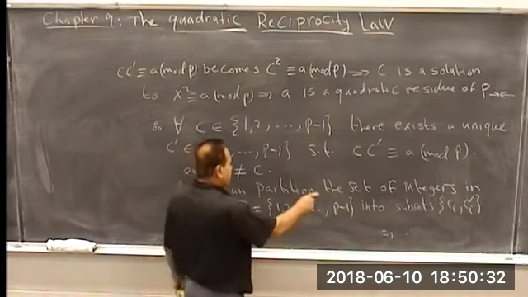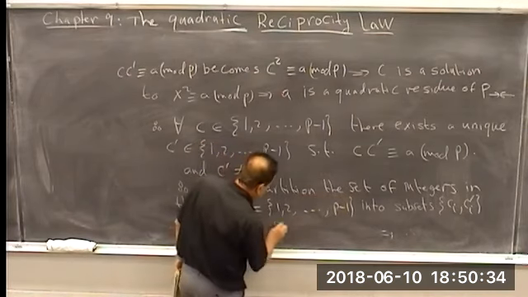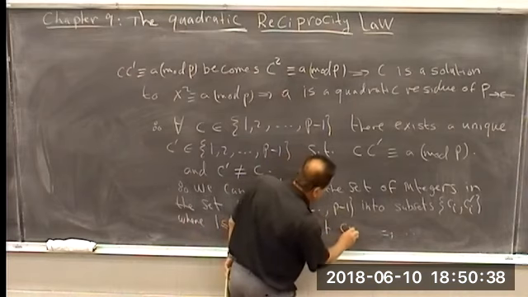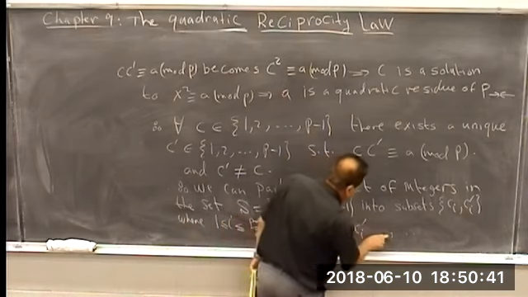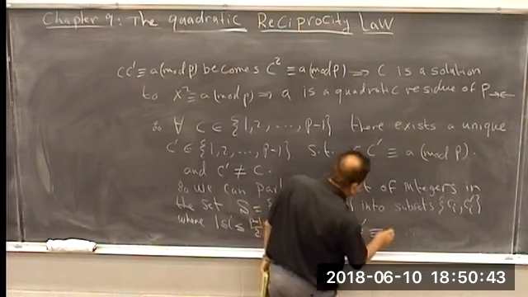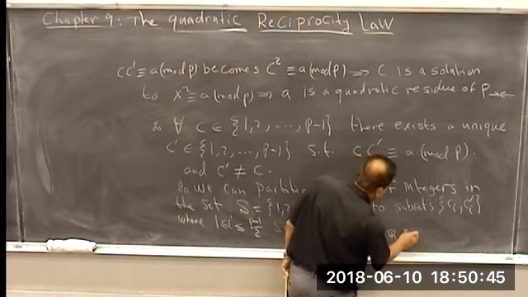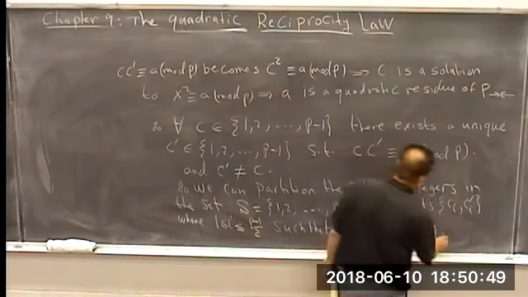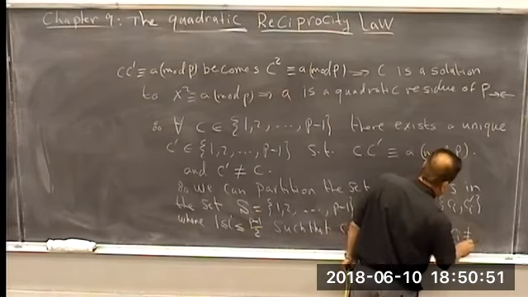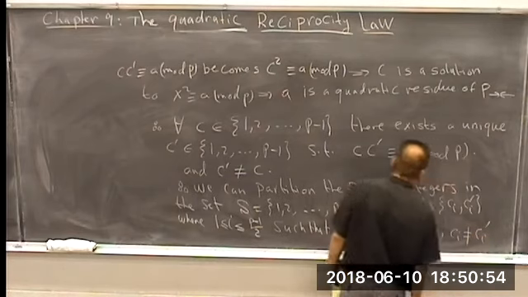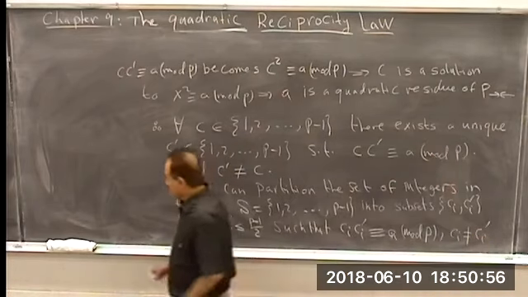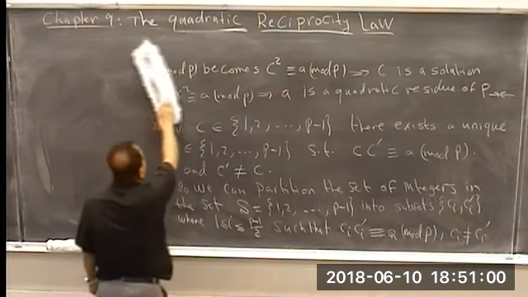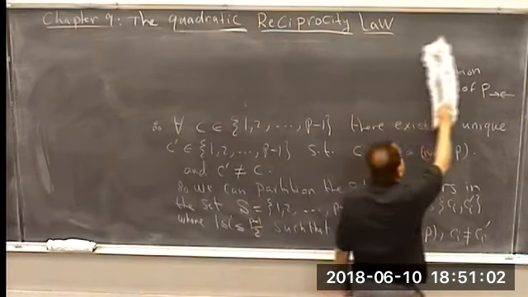Such that the product of C_i and C_i prime is congruent to A mod P, and of course these are different, so C_i does not equal C_i prime. So with this, we have a system of congruences that holds.